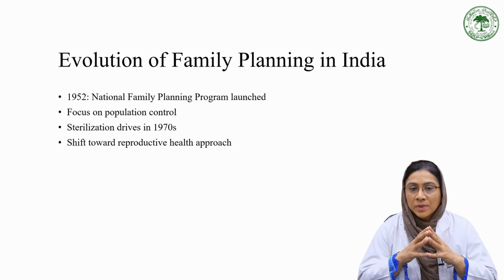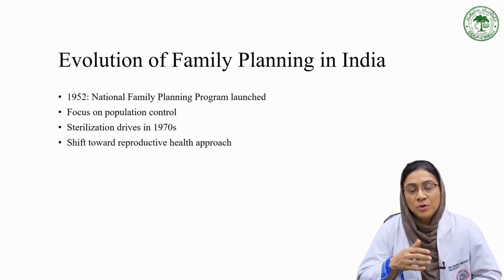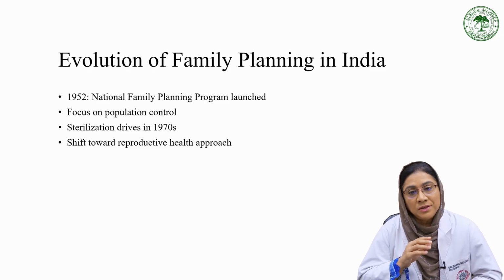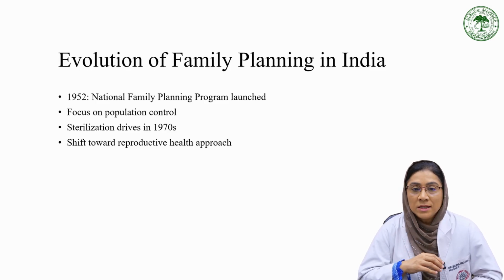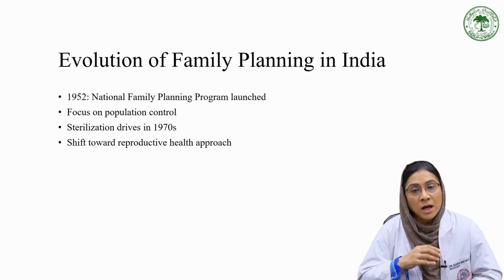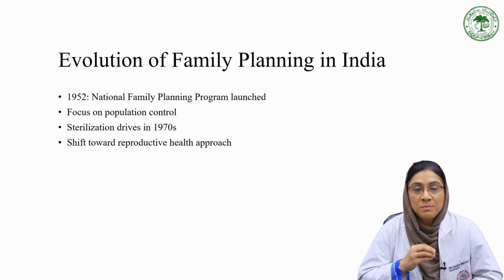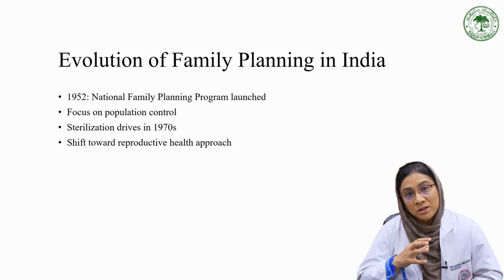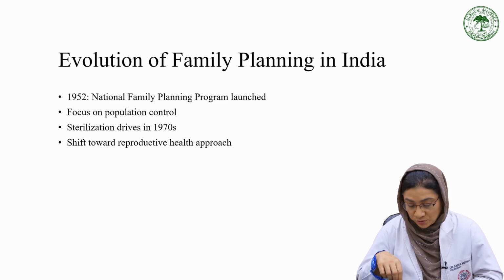Over time, criticism led to a shift from demographic targets to a broader reproductive health approach. This evolution reflects the need to balance national concerns about population growth with respect for individual rights. The transition from pressure to choice was a major milestone.